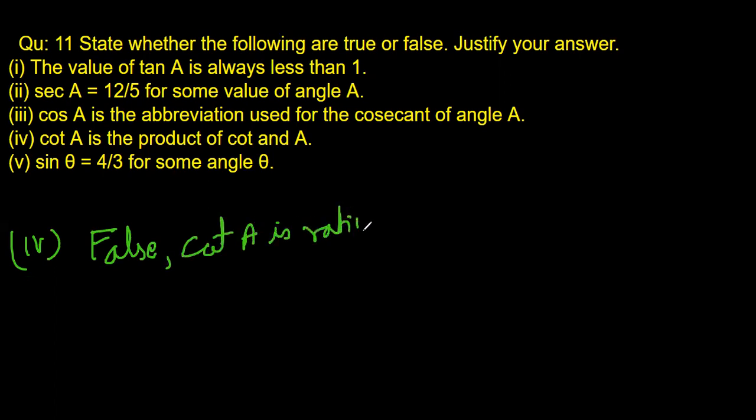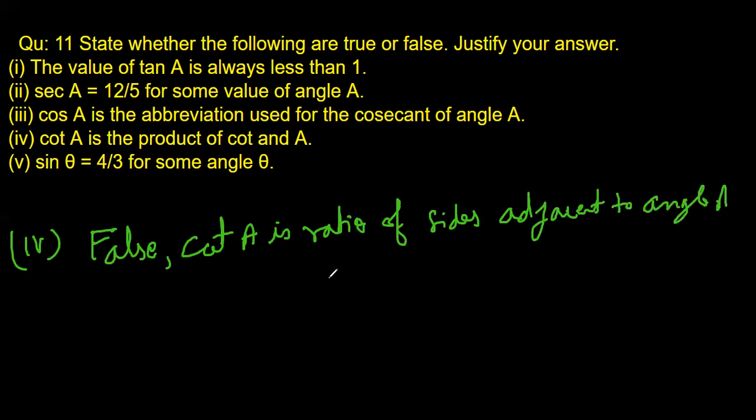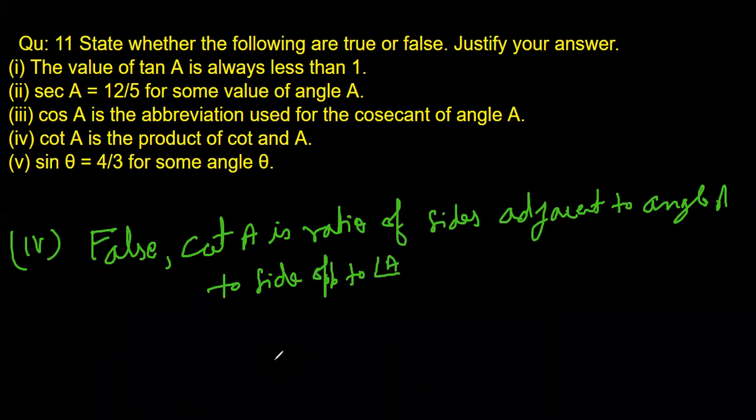So you can say that cot A is the ratio of the side adjacent to angle A to the side opposite to angle A. In the justification, you can also draw a right angle triangle to show what cot A means.